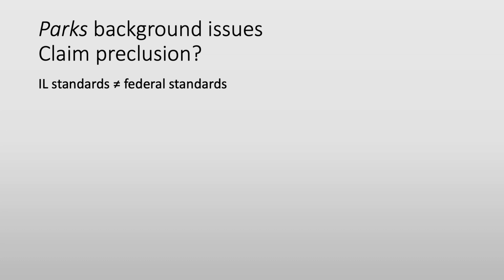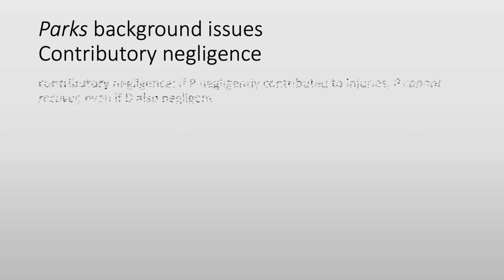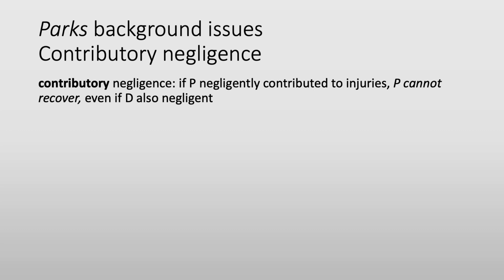The other background issue is contributory negligence. So you'll see that in Parks, it's really important that if the plaintiff can be shown to be partially at fault, then the whole lawsuit goes down. So just remember, maybe you guys have already covered this in tort, but just in case you haven't, we have 2 types of ways of evaluating negligence when the plaintiff is also somewhat at fault.